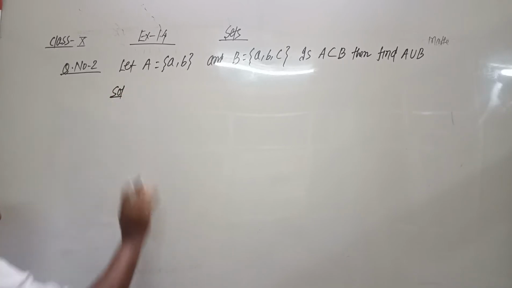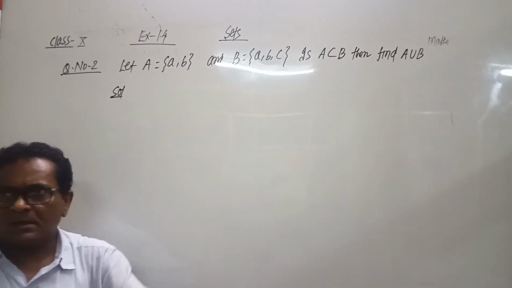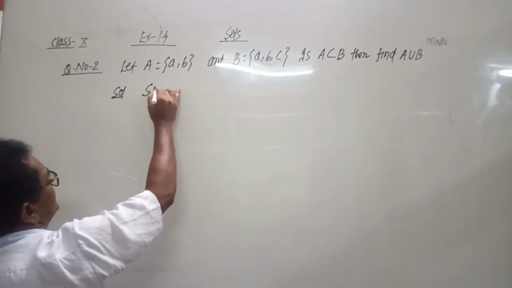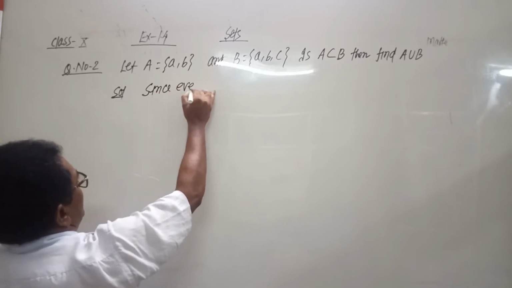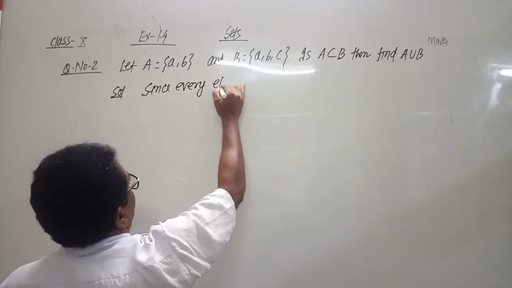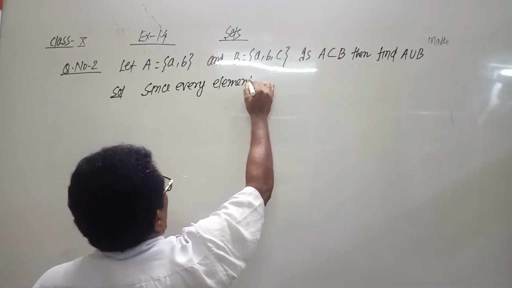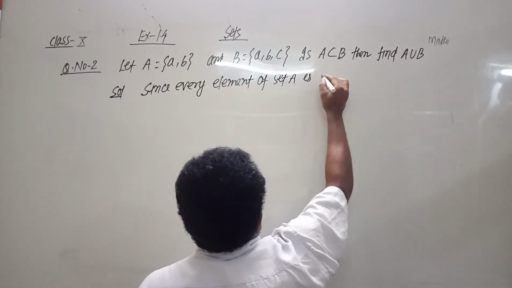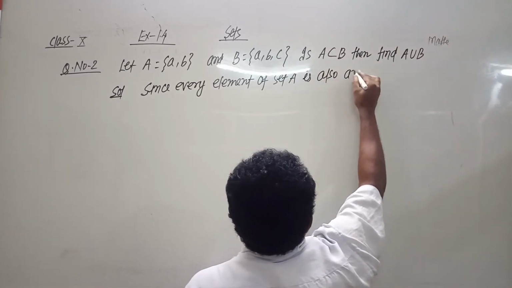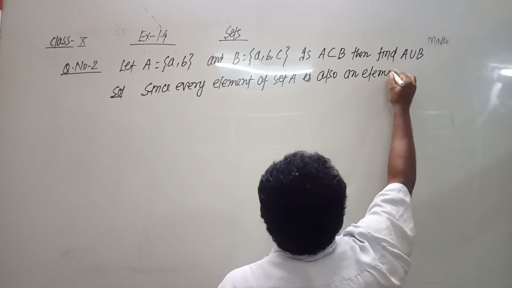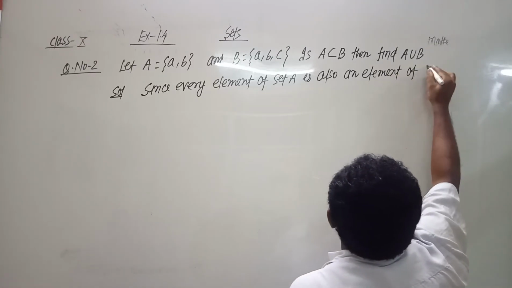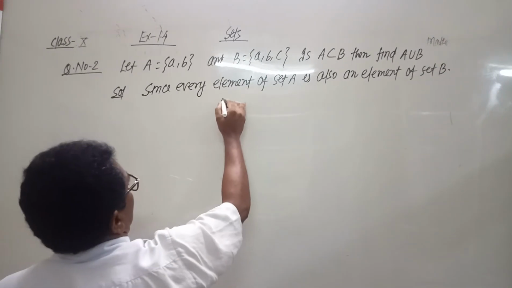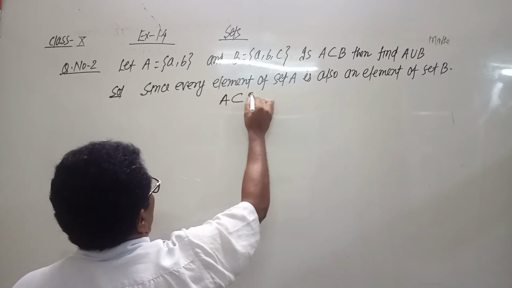Since every element of set A is also an element of set B, we write: since every element of set A is also an element of set B, therefore we conclude that A is a subset of B.